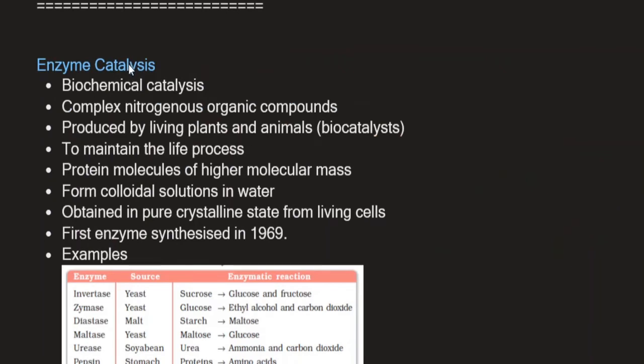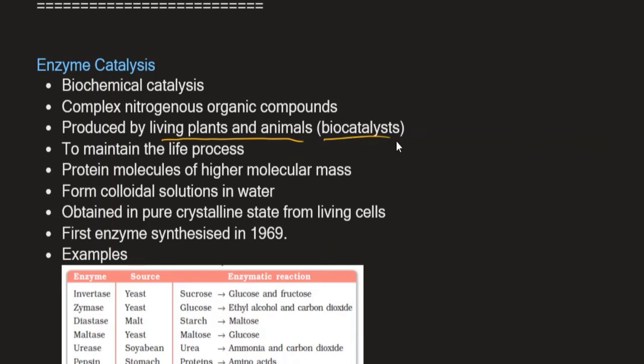Now let us move to enzyme catalysis. Enzyme is nothing but a biocatalyst, so it can also be called biochemical catalysis. Enzyme is nothing but a protein. It is a complex nitrogenous organic compound produced by living plants and animals.